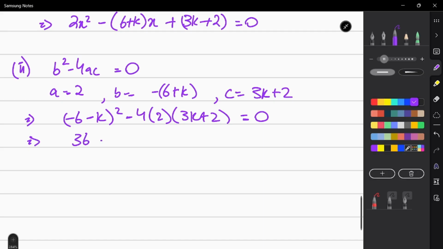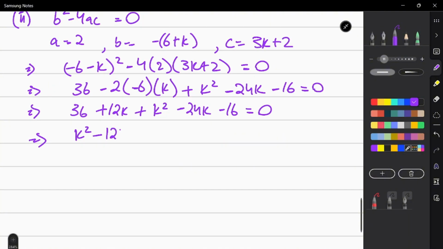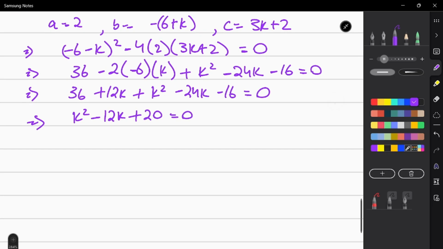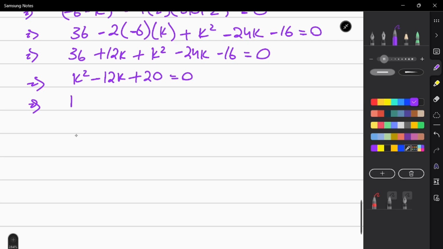36 minus 2 minus 6k plus k square minus 24k minus 16. Yeah, so this gives us something like this. This is our quadratic equation. Let's factorize this.